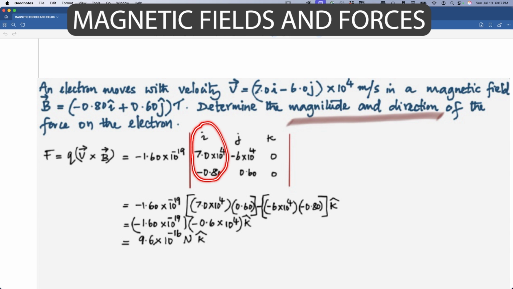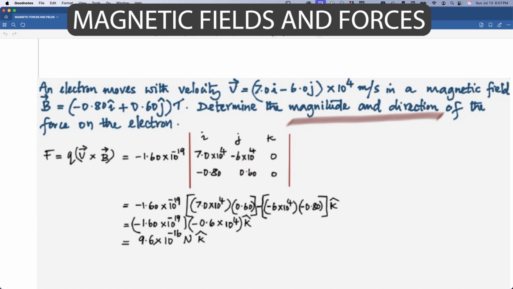You just ignore that and go this times this minus this times this, because i is j cross k. Alright, j cross k gives you i. So you should have studied this in UP1, so that's why I'm not taking too much time on this. But anyways, since both are multiplied to 0, it vanishes. That's why you don't have an i.